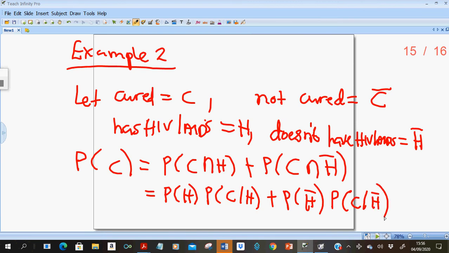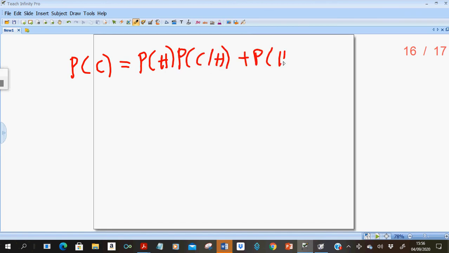So maybe let me just put that again: the probability of H bar multiplied by the probability of C given H bar. The probability of having HIV/AIDS is 0.3. The probability of being cured when you have HIV is 0.9.